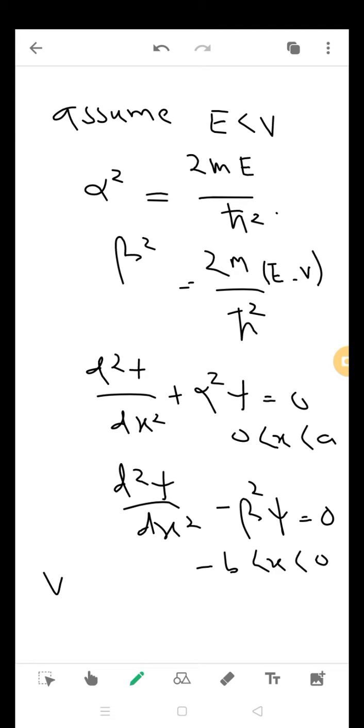And the potential is of course periodic, so it comes back after an interval, so that interval is nothing but a plus b. So this makes V(x) is equal to V(x plus a plus b).